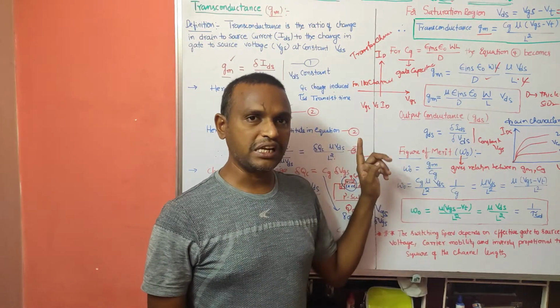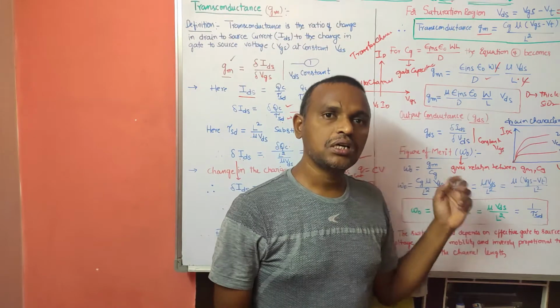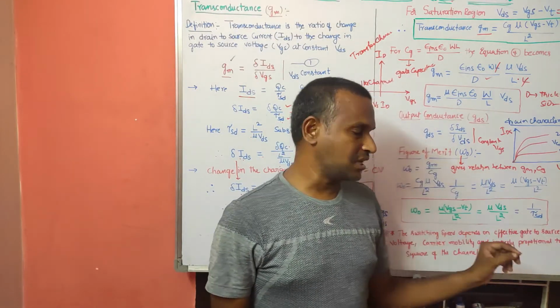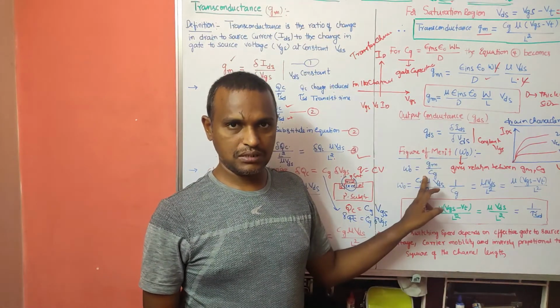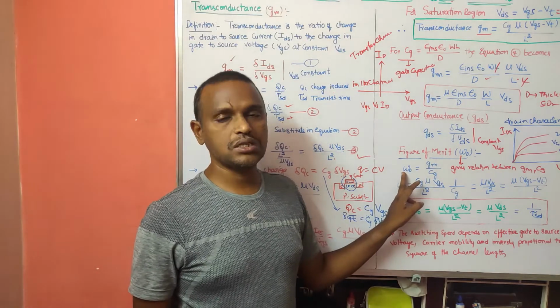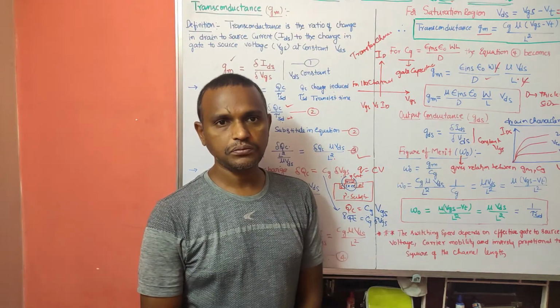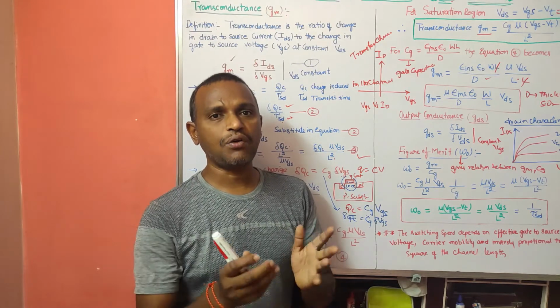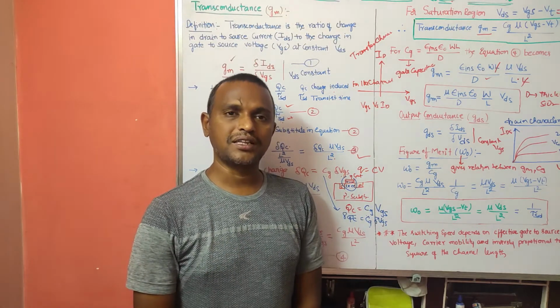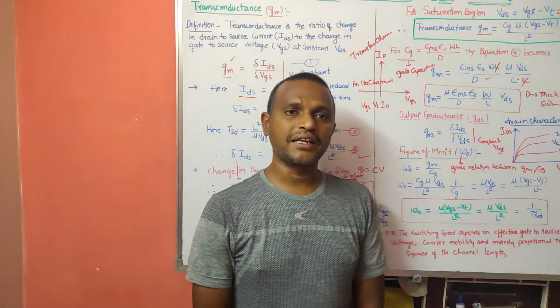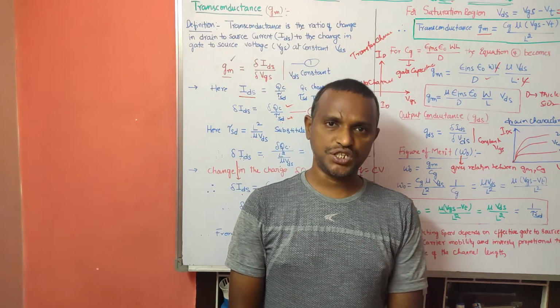So the figure of merit gives the relation between the transconductance and the gate capacitance, and its equation is omega naught is equal to Gm by Cg. I have already calculated the transconductance value and the Cg value.